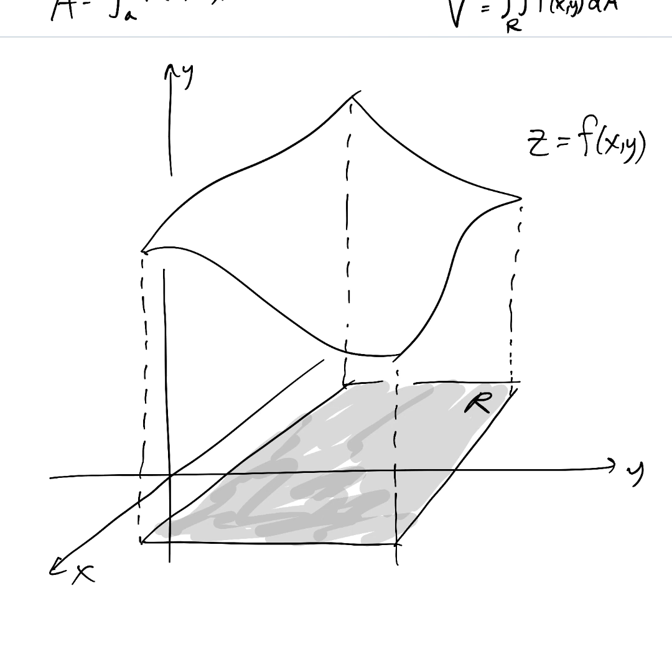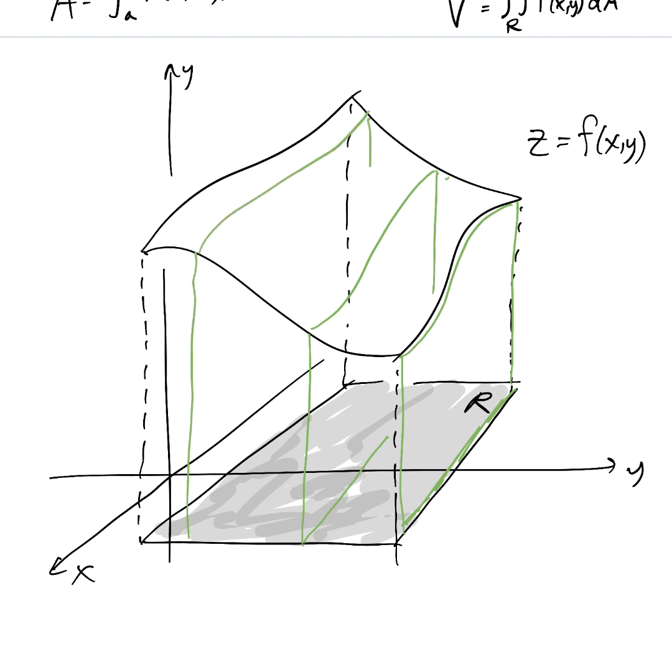Imagine a collection of guillotine slices in green, where the slices are in the pure x direction. So there's a slice, here's a slice, you have all these slices in green in the pure x direction.